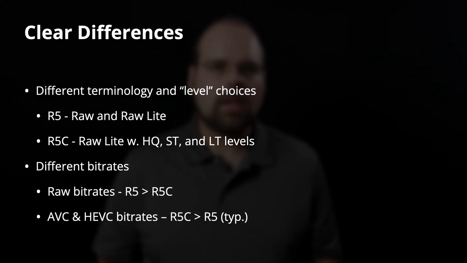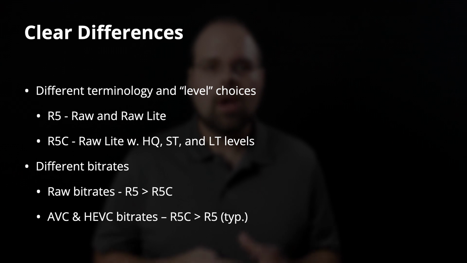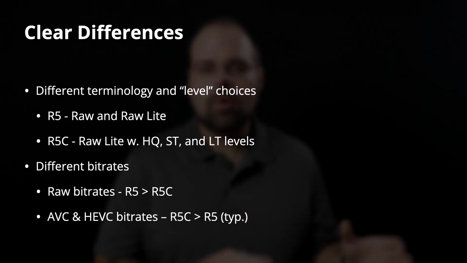They're all the same. The R5 does not implement a RAW and then RAW Lite. Both of the RAW compression options in the R5C or the R5 are Canon Cinema Raw Lite.